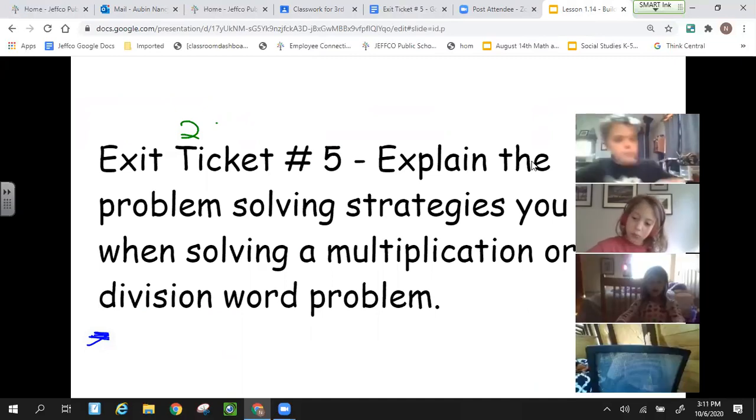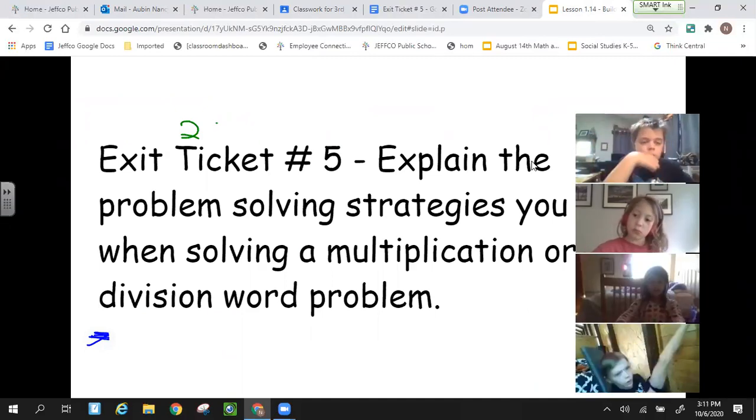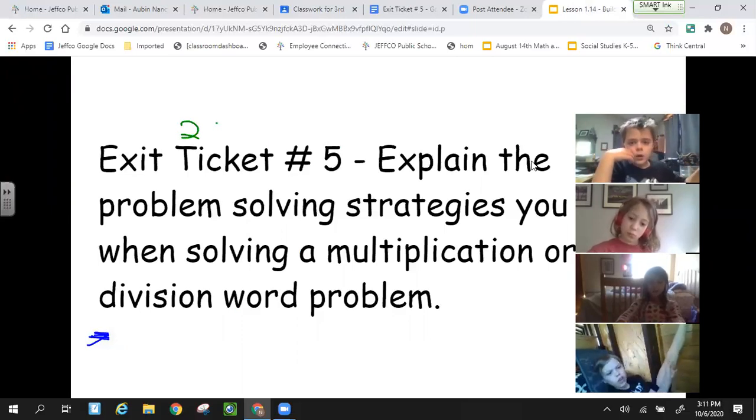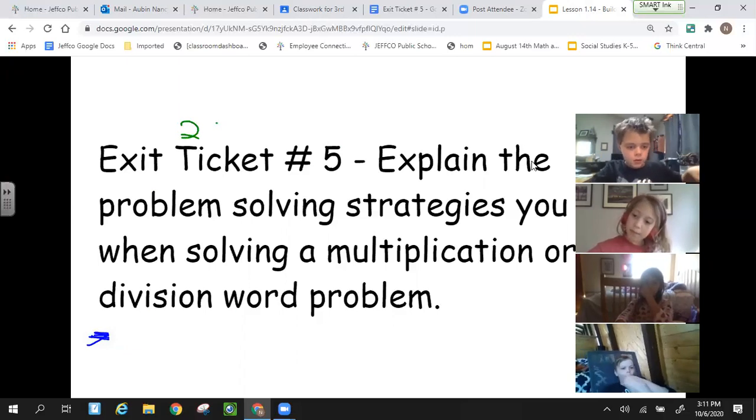If you are at home, once you finish your exit ticket, and I see you, Ben, I would like you to work a few minutes on Think Central. Ben, did you have a question? No, I was putting my thumb down because I didn't have any questions.